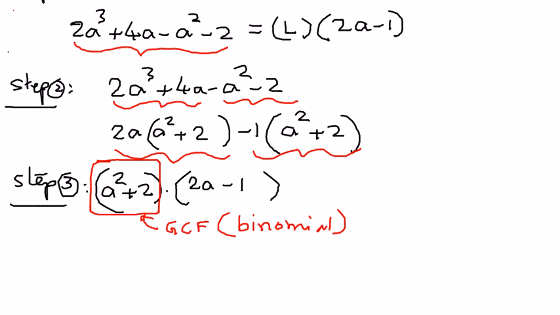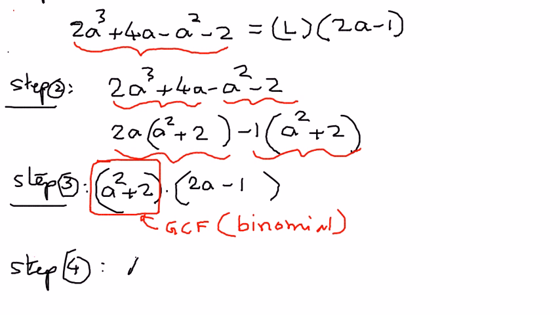And not only that, we wanted to find the long side of the rectangle. If one side is 2a minus 1, and if we want to know what the other side is, and if this is the polynomial given to us, isn't this going to be the long side? Let me write that here. Step number 4.